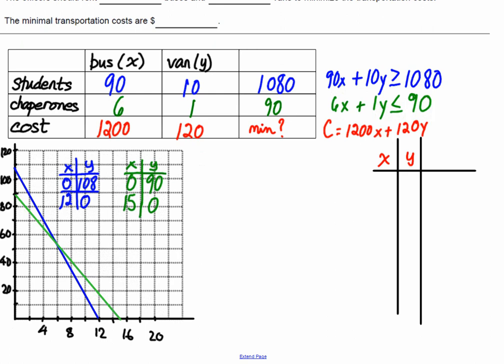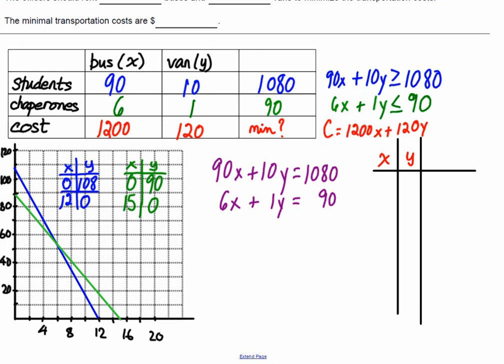Now we're going to find the intersection of our two equations, so we're going to let each one equal to 0. So we have 90x plus 10y, you like that purple, equals 1080. 6x plus 1y is equal to 90.